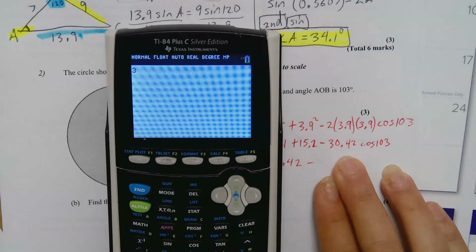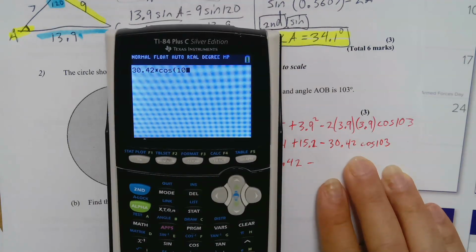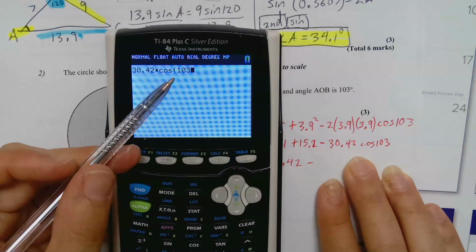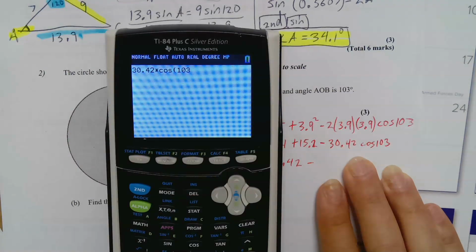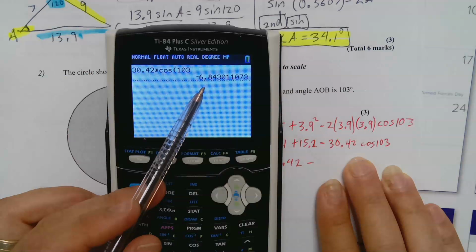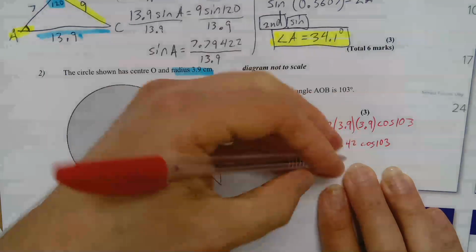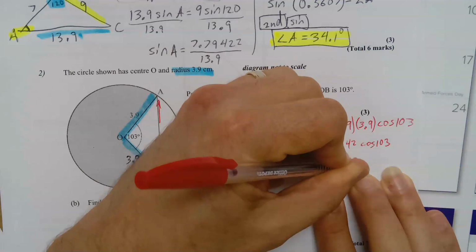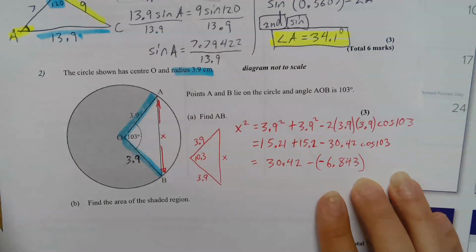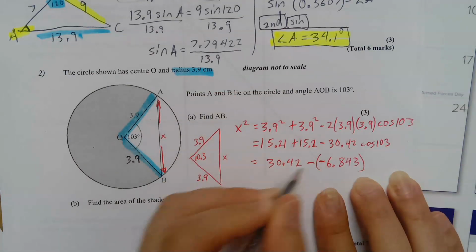So we have 30.42 times cosine 103, and because this cosine is obtuse, it's greater than 90, we're going to get a negative answer. So then I hit enter, and I'm going to get negative 6.843. And so because we have minus a negative number, that's going to become plus.